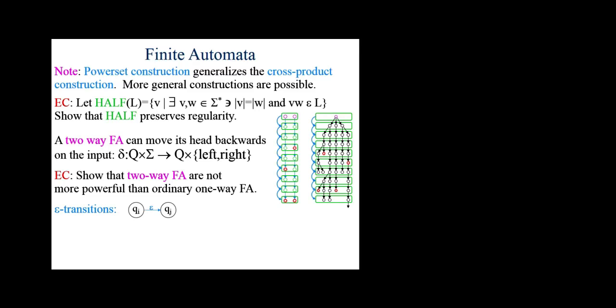Now, epsilon transition is a form of non-determinism because we're saying you can jump on an epsilon, namely on nothing, you just jump there, or not take this epsilon transition and stay in Qi. So in some sense, you're in Qi or you're in Qj simultaneously without expending any input characters. So epsilon transitions are a special case of non-determinism.